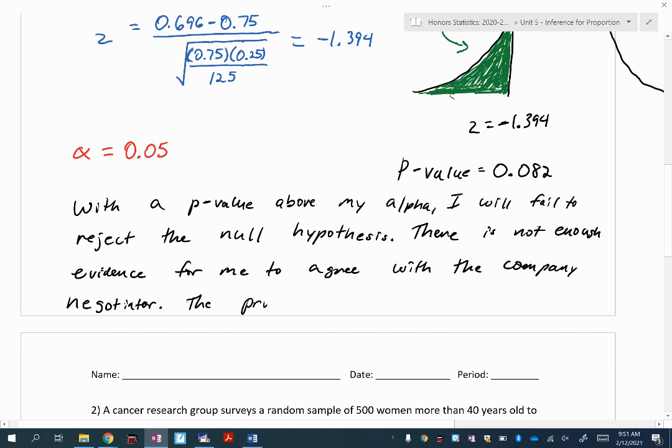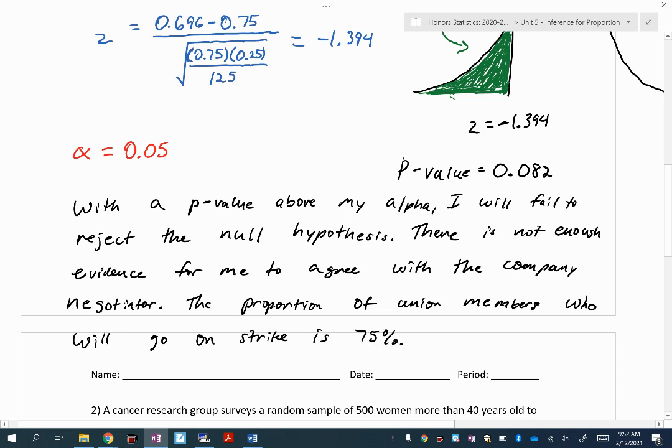The proportion of union members who will go on strike is 75%. Okay, so that's kind of the way that I decided to word this when it comes to the conclusion.